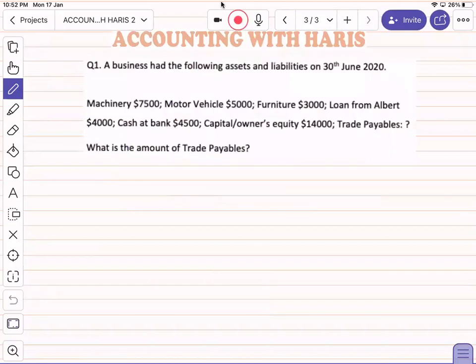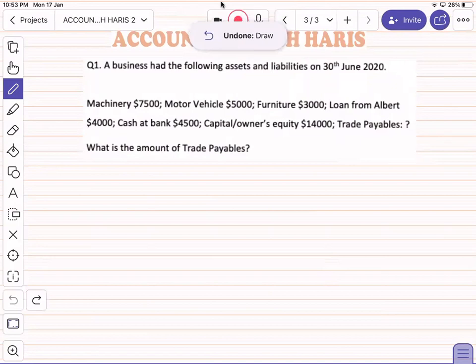So we are given this question. This is a bit difficult as compared to the previous question. Here we are given the following assets and liabilities on 30th June: machinery, motor vehicle, furniture, loan from Albert, cash at bank, capital or owner's equity, and we have to figure out trade payables.